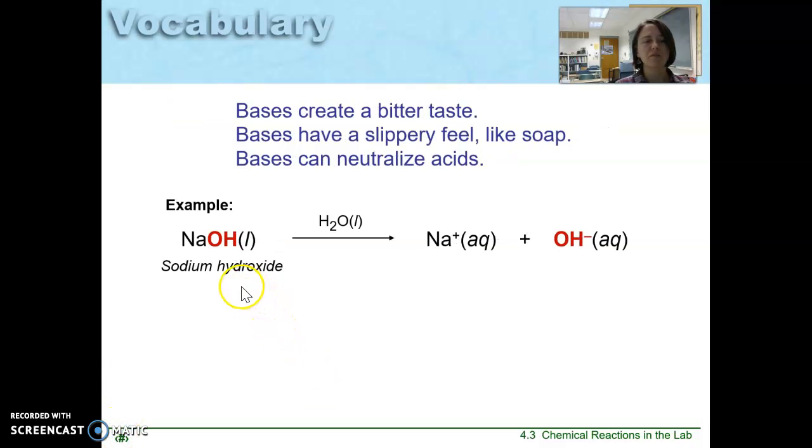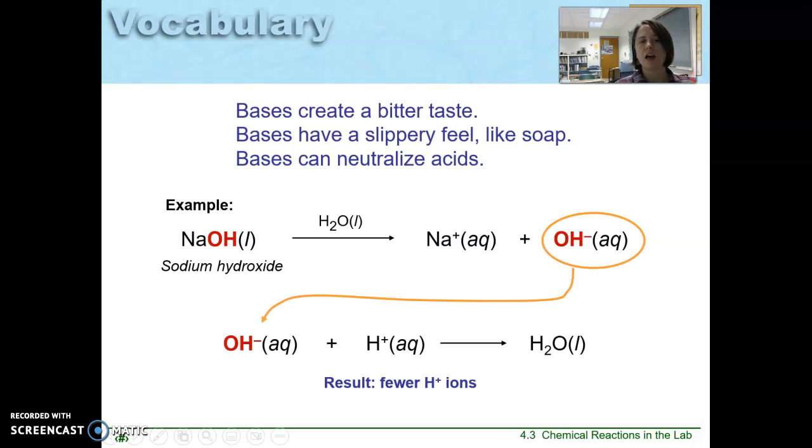Okay, here's our example of a base, sodium hydroxide. And that is going to dissolve or dissociate when you put it in water into our sodium ion and OH. And we know that bases dissociate in water to give off OHs. And then if I have a bunch of OHs, they're going to zip up those hydrogen ions that natural water just breaks up into a couple of them.